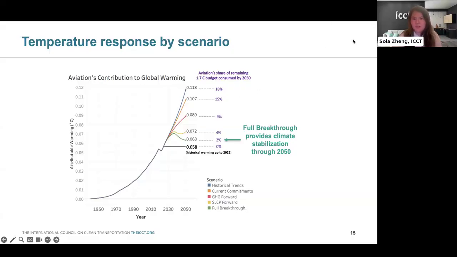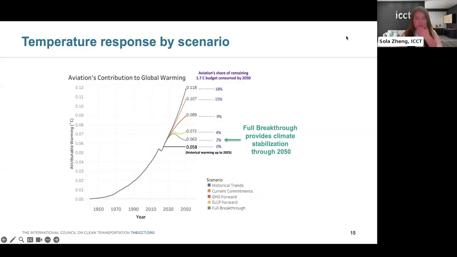And you can see that in the historical trends and current commitment scenarios, where minimal actions are taken to reduce aviation emissions, we are on track to double the historical warming in 2050 at over 0.1 degrees Celsius.